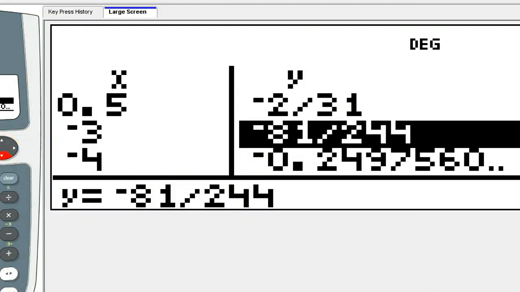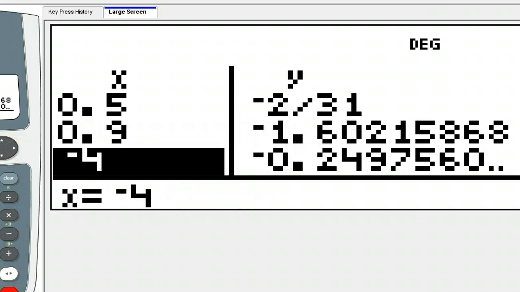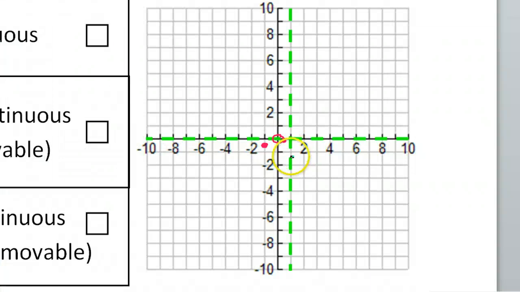Okay, so I'm going to type in 0.9. Take a look. Okay, at 0.9 I'm at -1.6. So when I'm really close to the vertical asymptote, I'm at -1.6. So now I know that it's coming down.